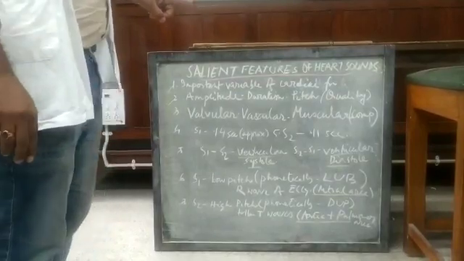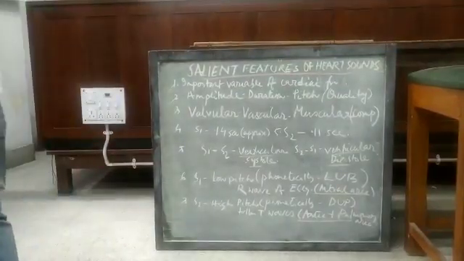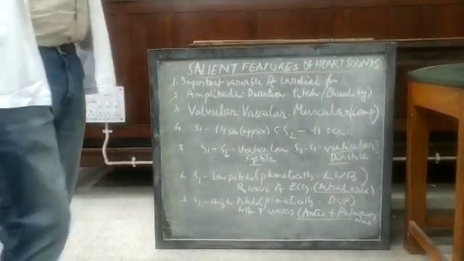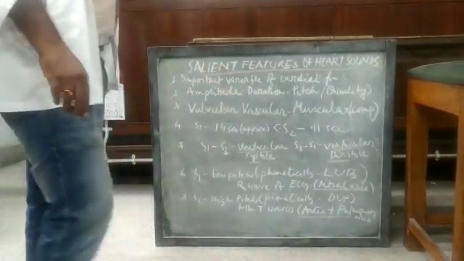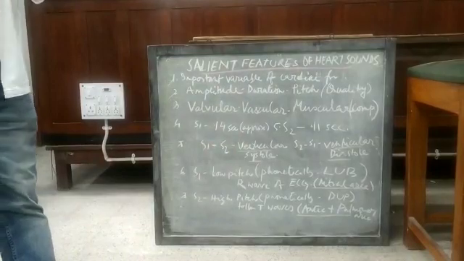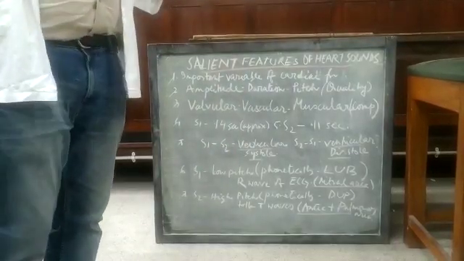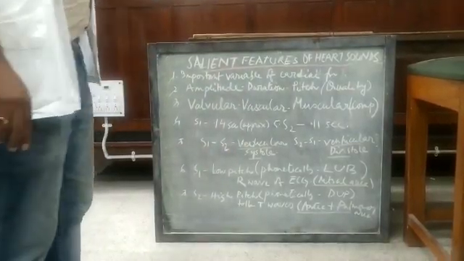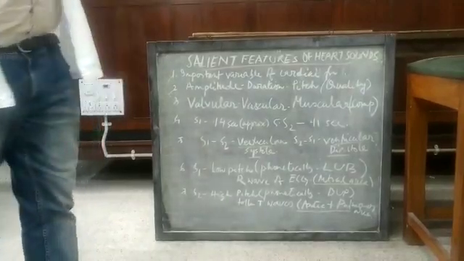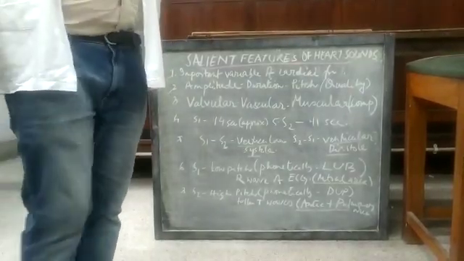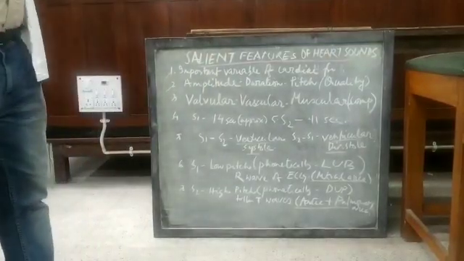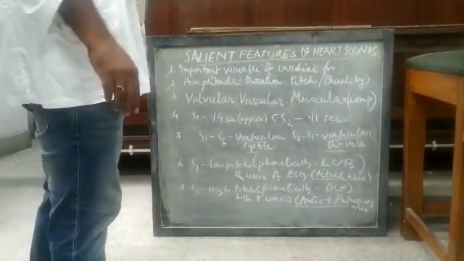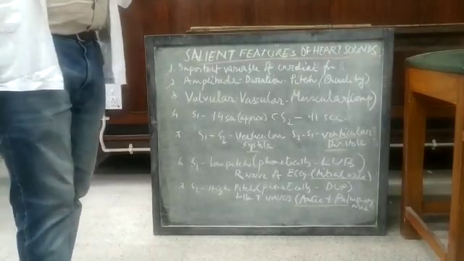In normal clinical examination, we find two types of heart sound: number one is S1 or the first heart sound, and number two is S2 or the second heart sound. Both are approximately more than 0.10 second; S1 is about 0.14 second, and S2 is 0.11 second.